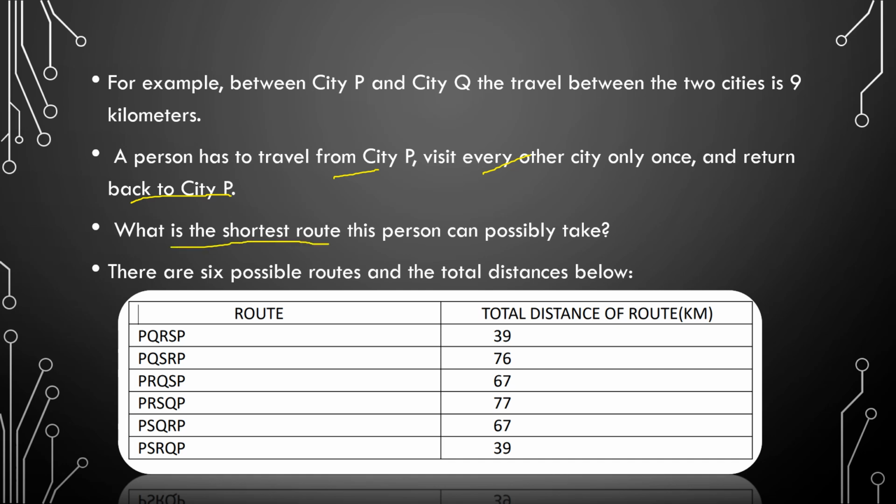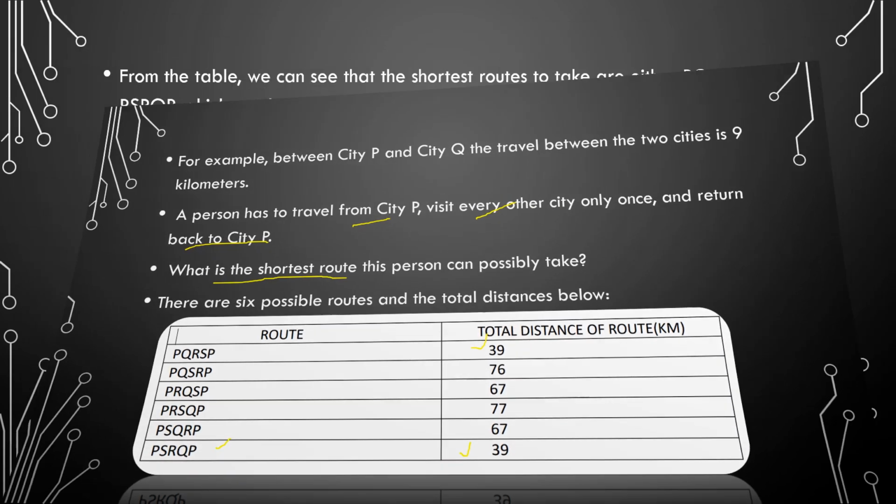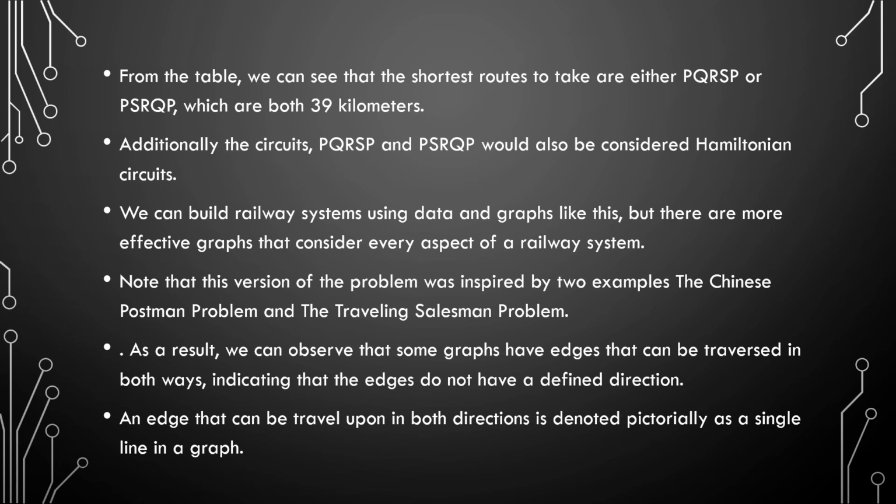There are six routes as shown in the figure: PQRSP, PQSRP, PRQSP, PRSQP, PSQRP, PSRQP. The shortest ones are the first one and the last one, meaning PQRSP and PSRQP. Both are 39 kilometers.